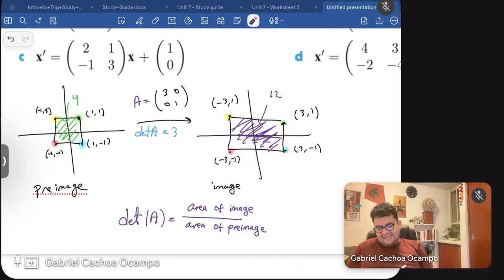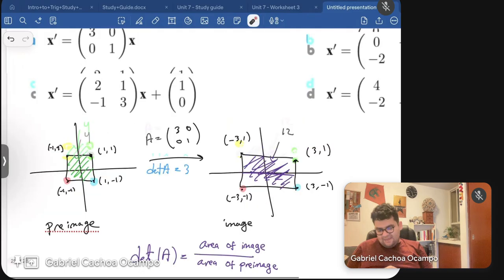O sea, as this determinant gets bigger, the area is going to get bigger. If this determinant is between 0 and 1, then it's going to get smaller. O sea, you multiply the area by the determinant to get the area of the resultant shape, which I don't know about you, but for me that is very cool.